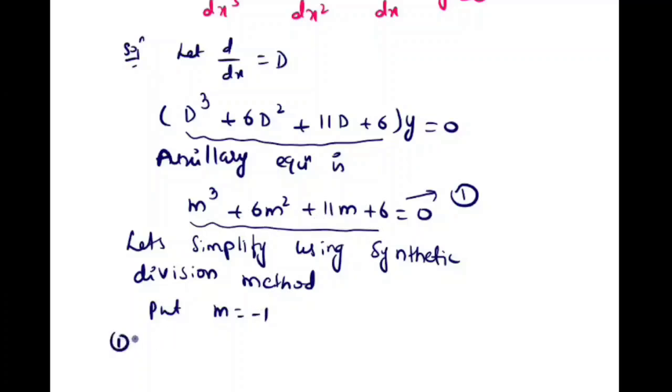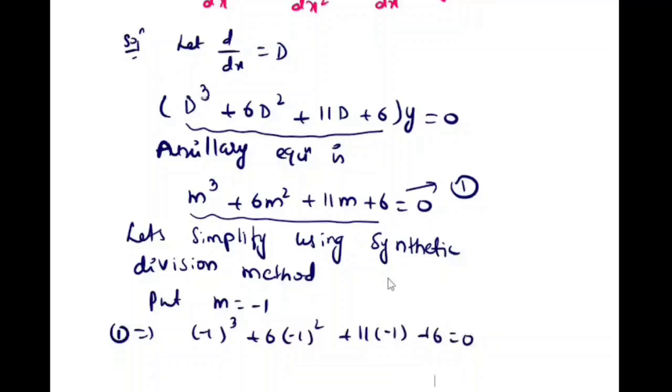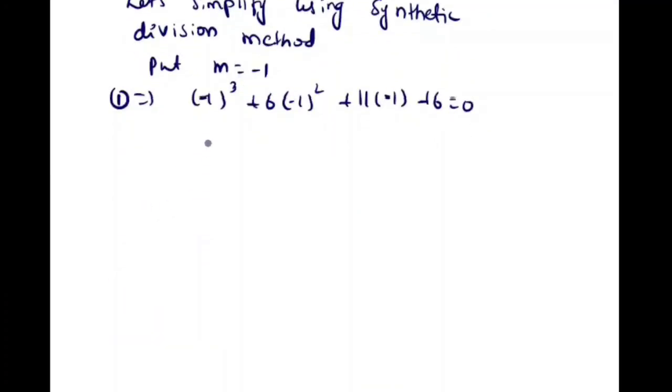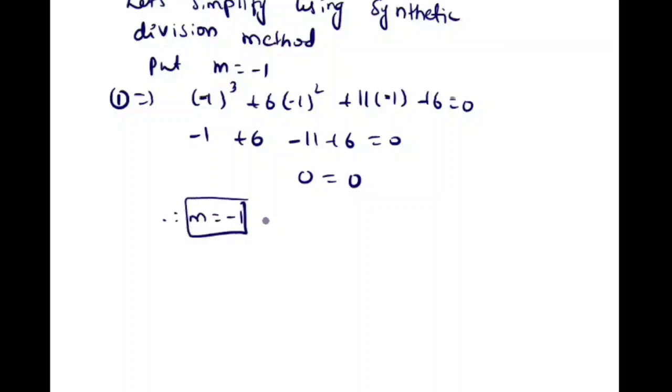So equation number 1 becomes -1 cube plus 6 into -1 square plus 11 into -1 plus 6 equals 0, isn't it? So this will be -1 plus 6 minus 11 plus 6 equals 0. So this will be 0, 12 minus 12. Therefore m equals -1 is your first root.